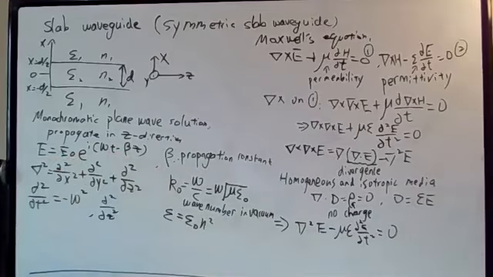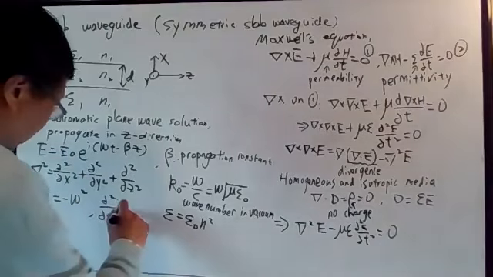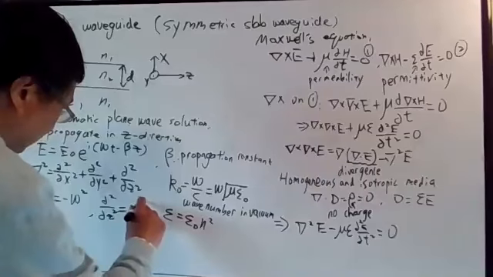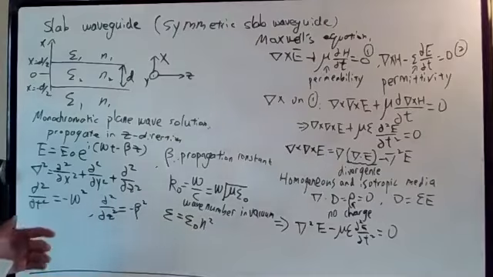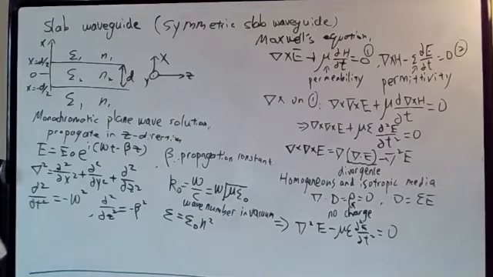Applying it a second time, negative i beta times negative i beta is negative beta squared. So that is the second derivative on z.